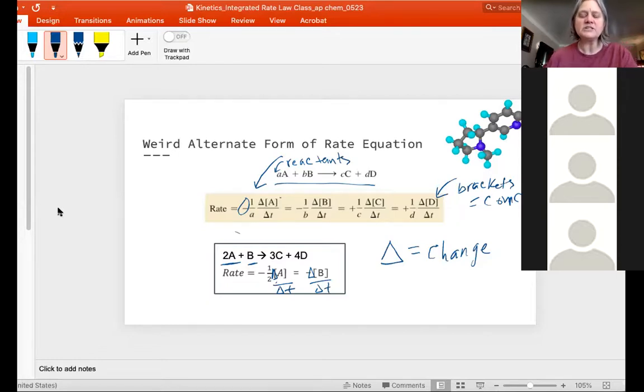This is only really good if you're comparing. Or if they show you this form, like they give you delta A over delta T and they talk about it, then you would have to be able to say something about it.